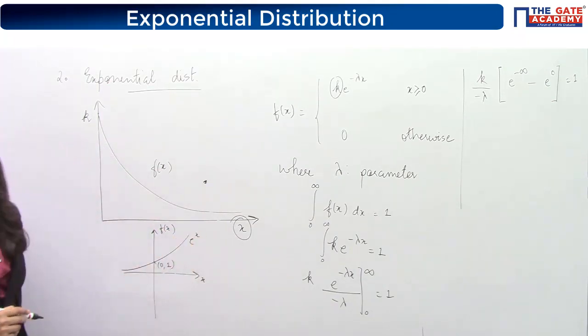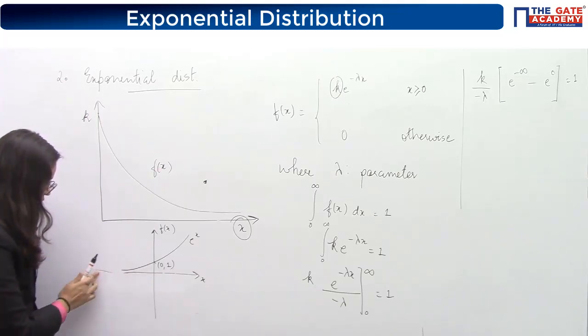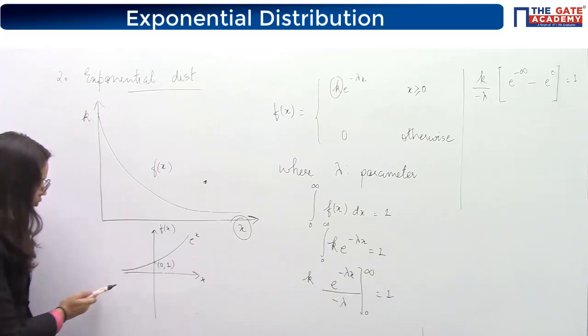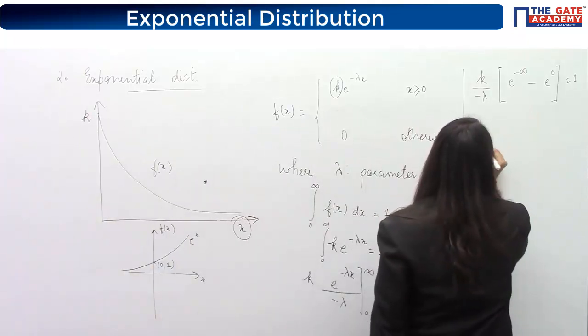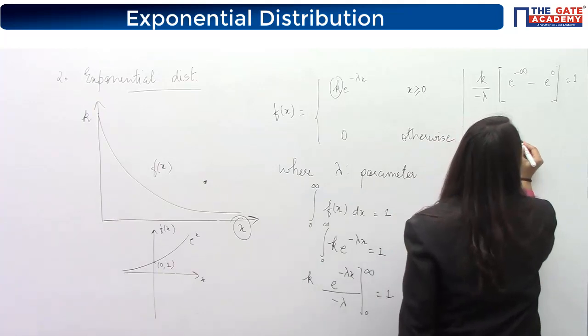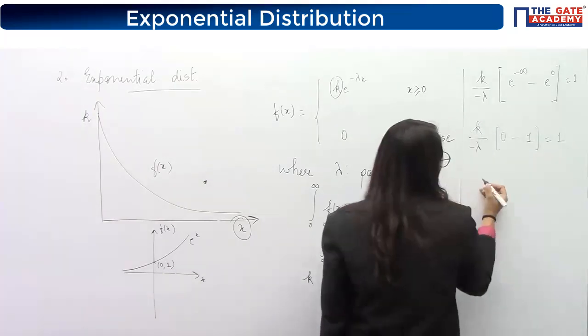This is the graph of e to the power x. When x is going to negative infinity, your graph is approaching the value 0. So we will say that this value will be 0. So k by minus lambda times this. e to the power 0, anything to the power 0 is 1. So this is like this.